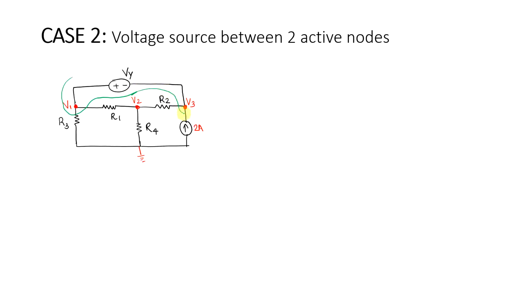Whenever you have a voltage source present between 2 active nodes, because in this case V1 and V3 are active nodes, and you have the voltage Vy present between them, you call it a supernode. You need to draw the boundary of the supernode in a manner such that you include those 2 active nodes.